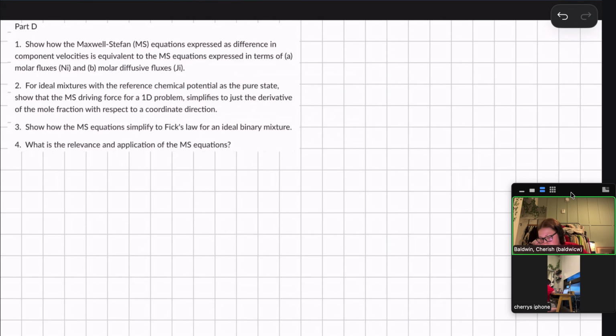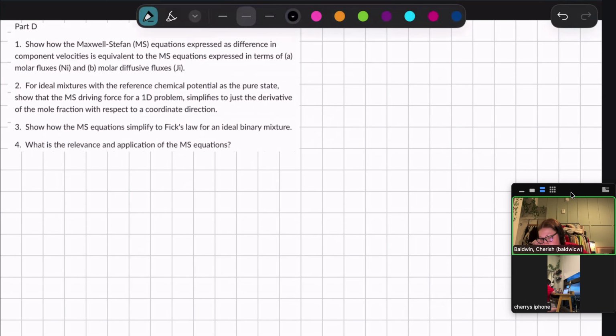All right, now I am going to show how for ideal mixtures the reference chemical potential is at the pure state and how to derive the mole fraction with respect to the coordinate direction.